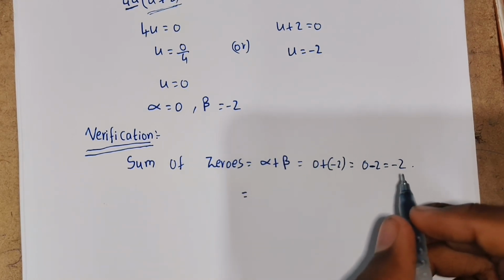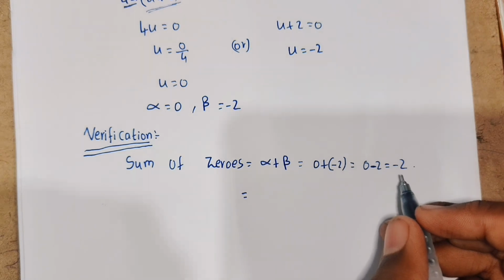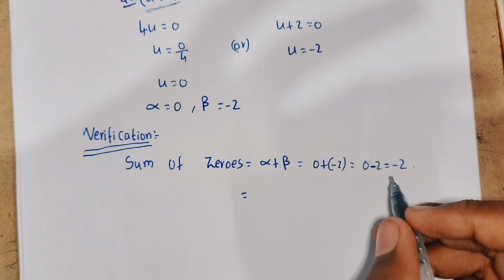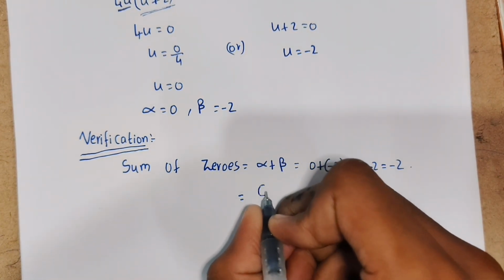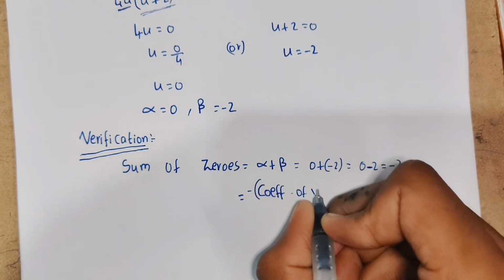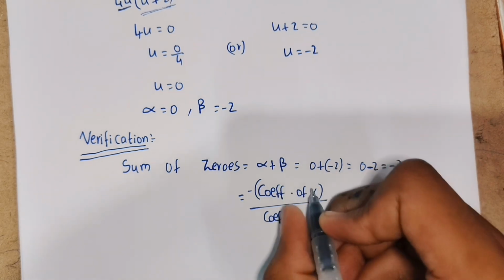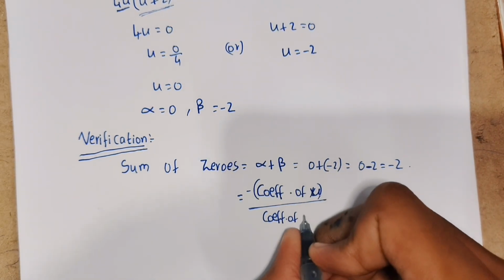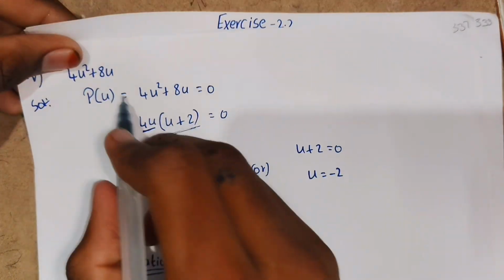Now do it by the formula, that is minus of coefficient of u by coefficient of u square is equal to, what is the coefficient of u here? 8.